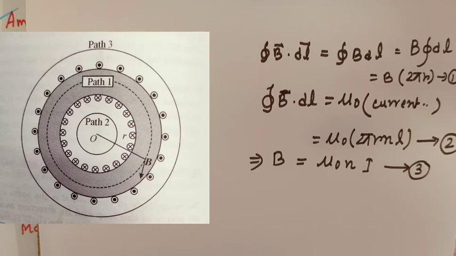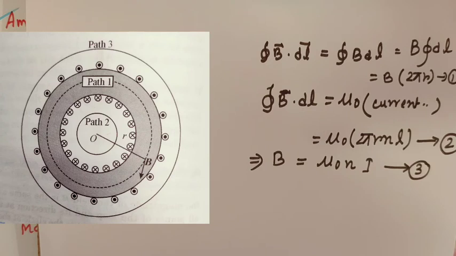By symmetry, if there exists any magnetic field at path 2, it will be everywhere tangent to the path and has the same magnitude at all points on the path, so that closed integration B dot dl is equal to B into the circumference of the path. However, as path 2 encloses no current, from Ampere's law, B is 0 at all points on the path.